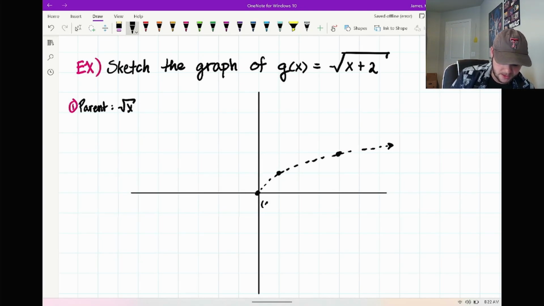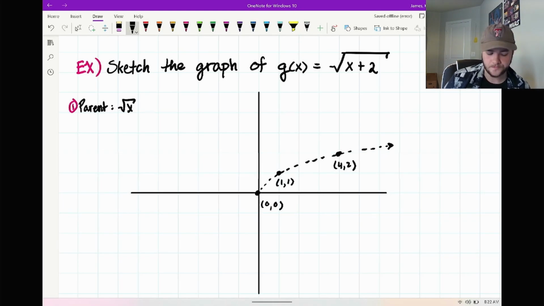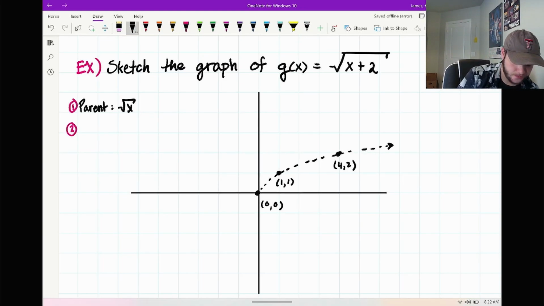Those are the points 0, 0, 1, 1, 4, 2. But now I've got a horizontal shift. So I claimed earlier that I actually want to move backward. And that is true. Here, I've got a shift of 2 units.